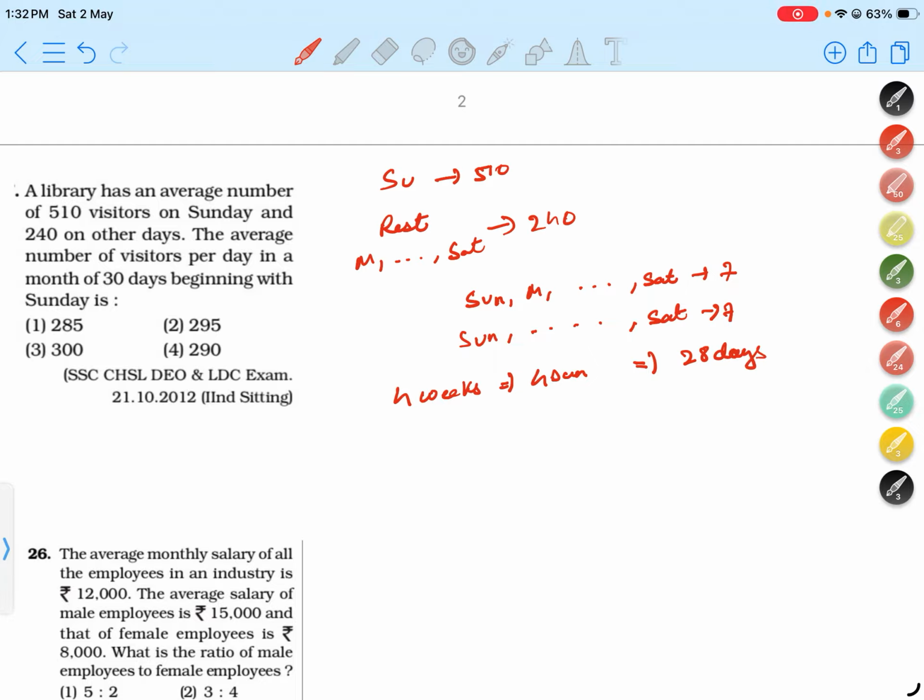After 4 weeks, on Saturday, the next day is Sunday, which will be the 29th day, and Monday, which will be the 30th day. So in this month there will be 5 Sundays and then 25 other days.